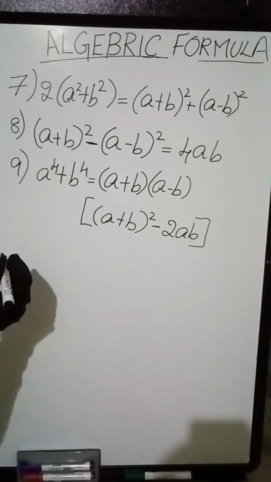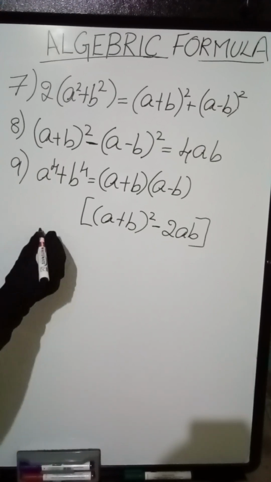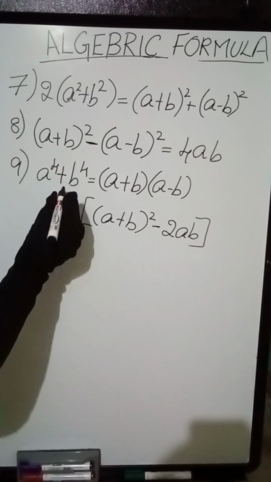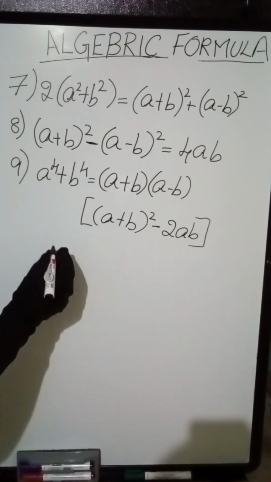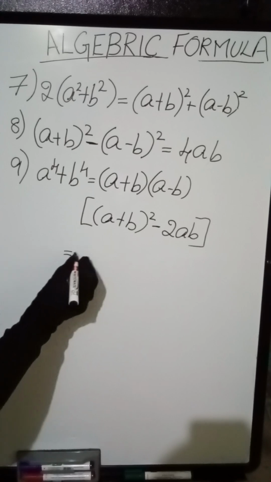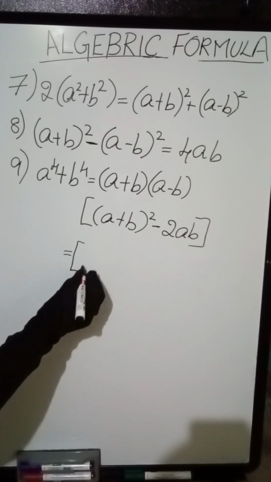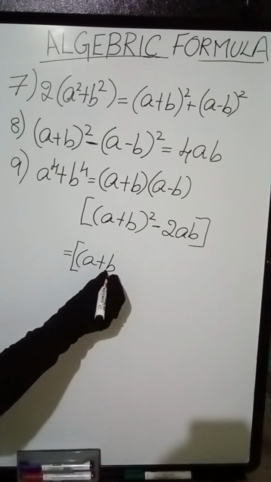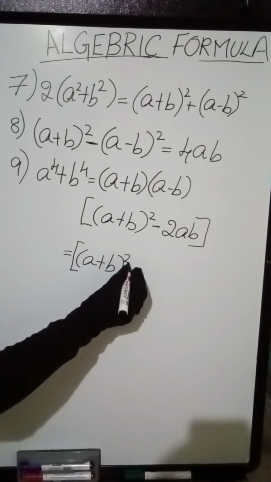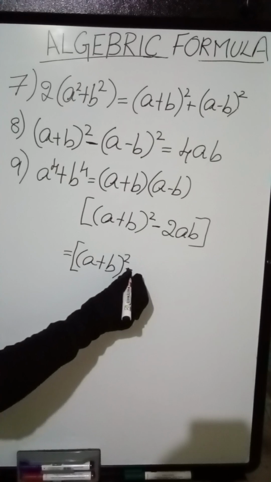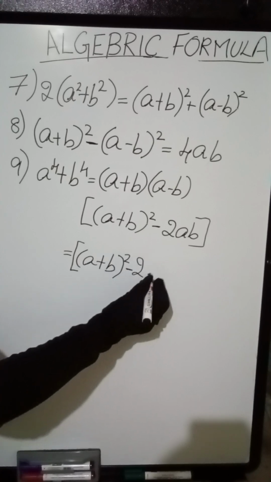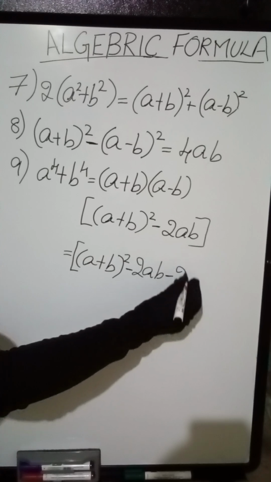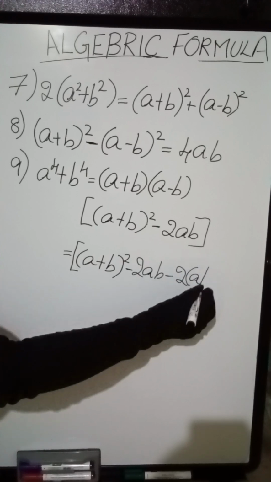Now this formula, that is a to the power of 4 plus b to the power of 4, can be also written as, open square bracket, a plus b the whole square minus 2ab, minus 2ab squared.